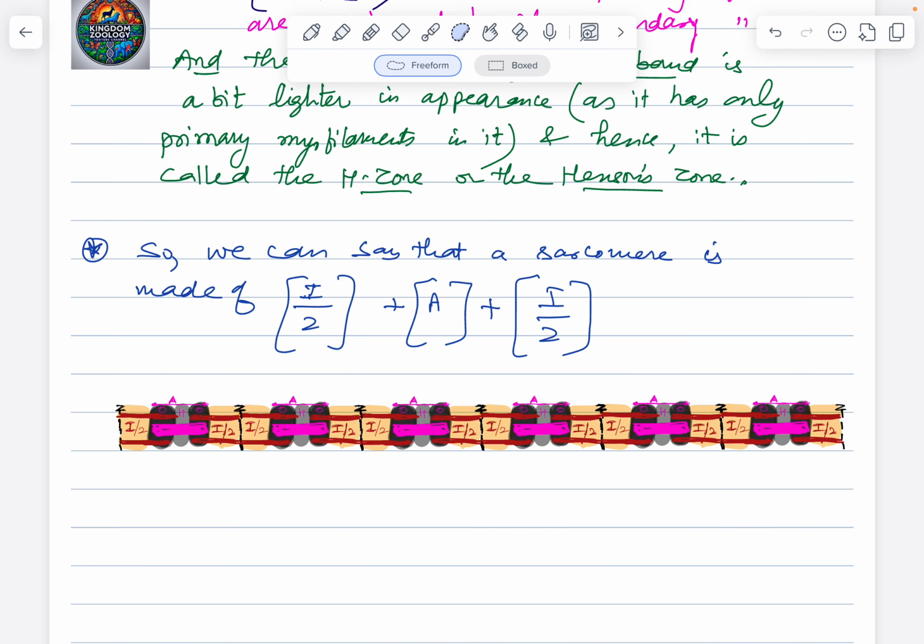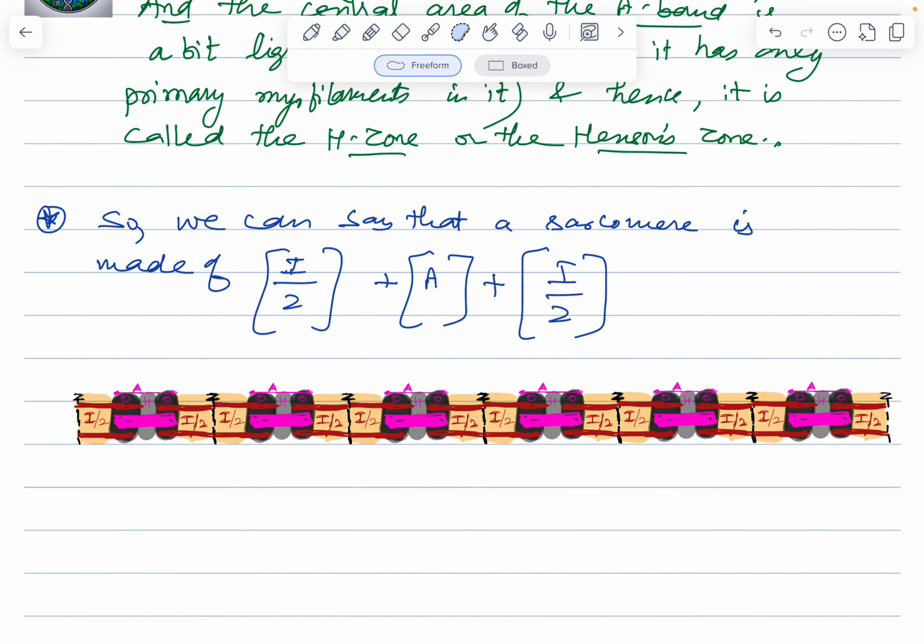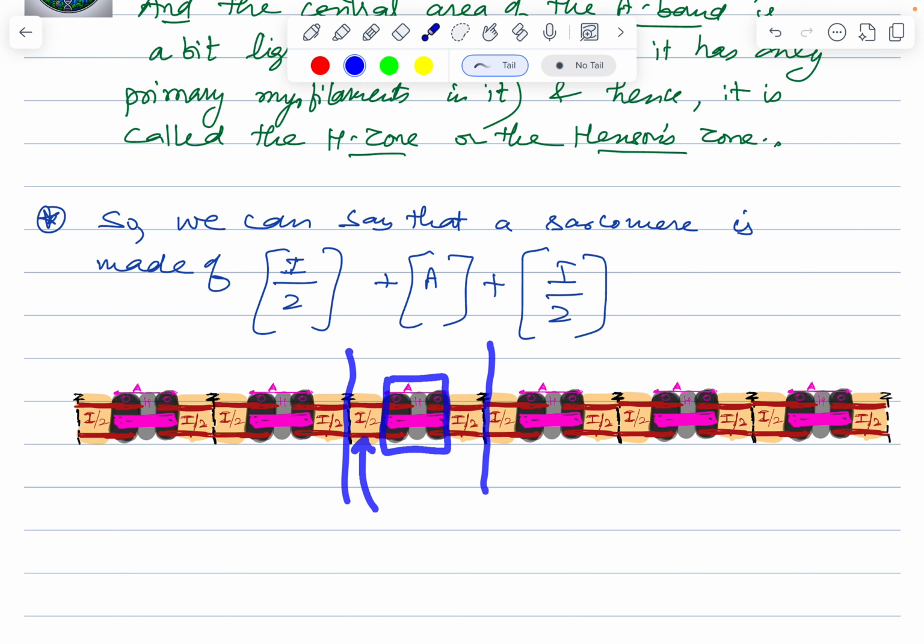So this is basically sarcomeres repeated continuously. Choose any sarcomere. What is this in the center? One full A band. What is this? Half of the I band, because full I band is this much. What is this again? Half of the I band. So each sarcomere has got halves of the I bands and one full A band.